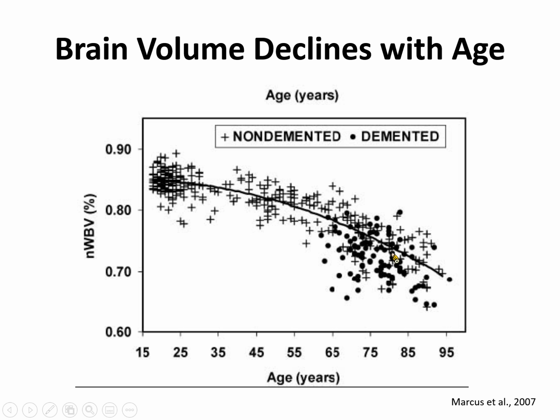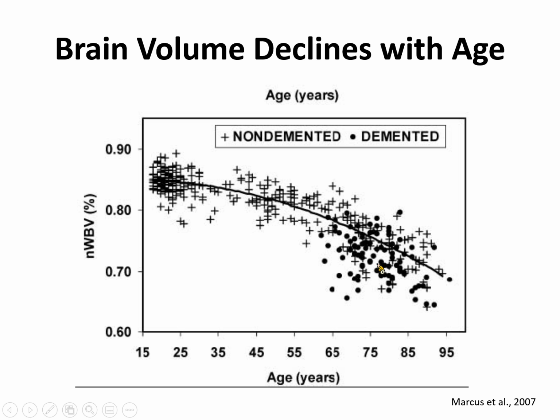So it is not necessarily the case that older age means dementia. In older age, there are people with dementia and without dementia. But it seems that brain volume declines with age in a nonlinear fashion.